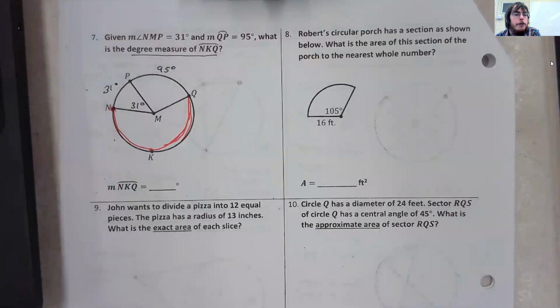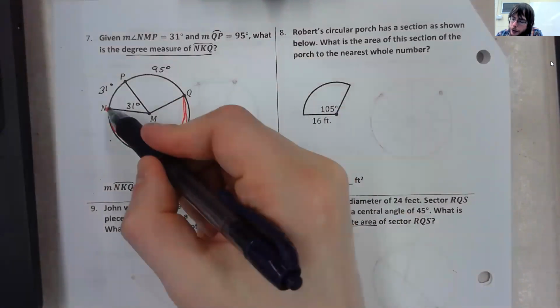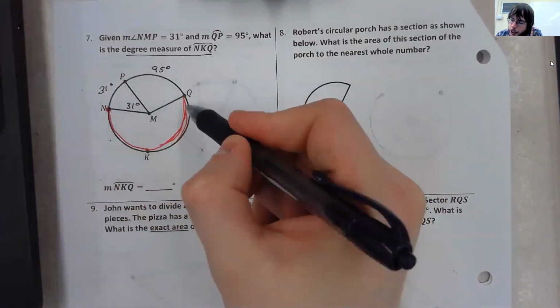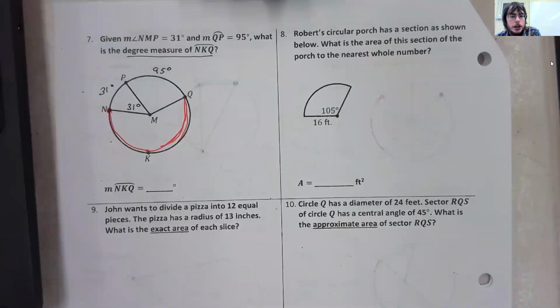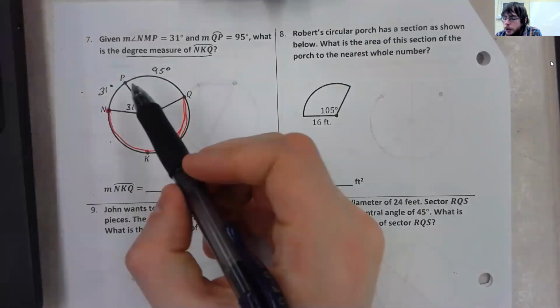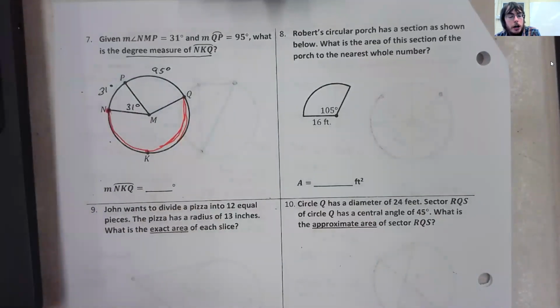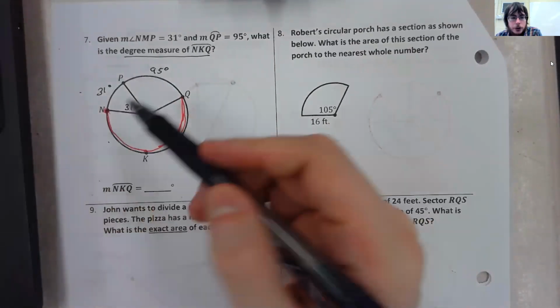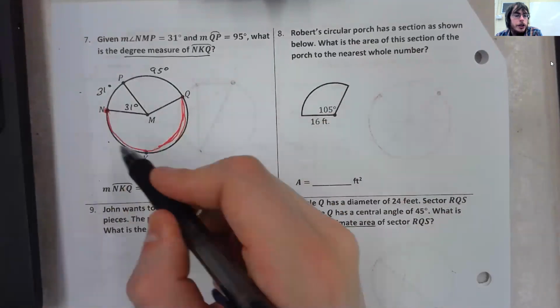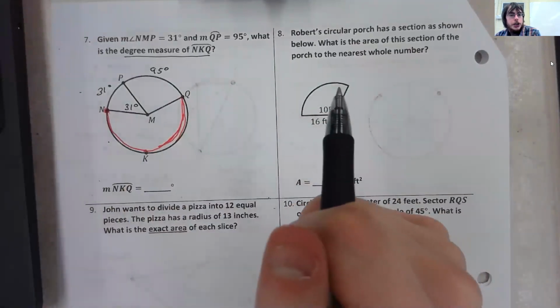It's 95. And if you'll notice, this arc, and this arc are the only 3 arcs in the problem. So what that means is we can use their measures to determine what the degree measure of this arc should be. So what do the arcs all add up to in a circle?